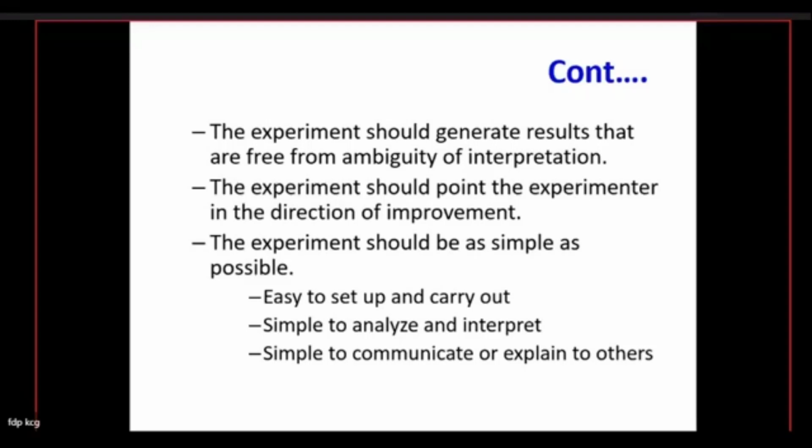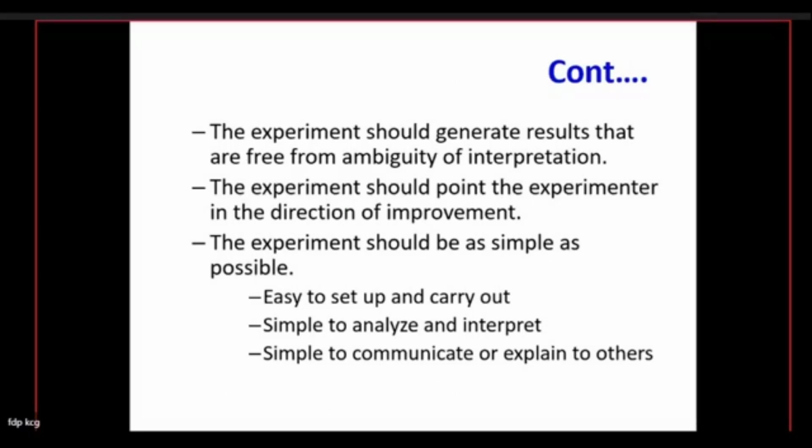The experiment should point the experimenter in the direction of improvement. Your experiment should be designed in such a way that it points out how you can go for the path of steepest ascent, how you can go for optimization, which provides the direction of improvement in the experiments. The experiment should be as simple as possible.